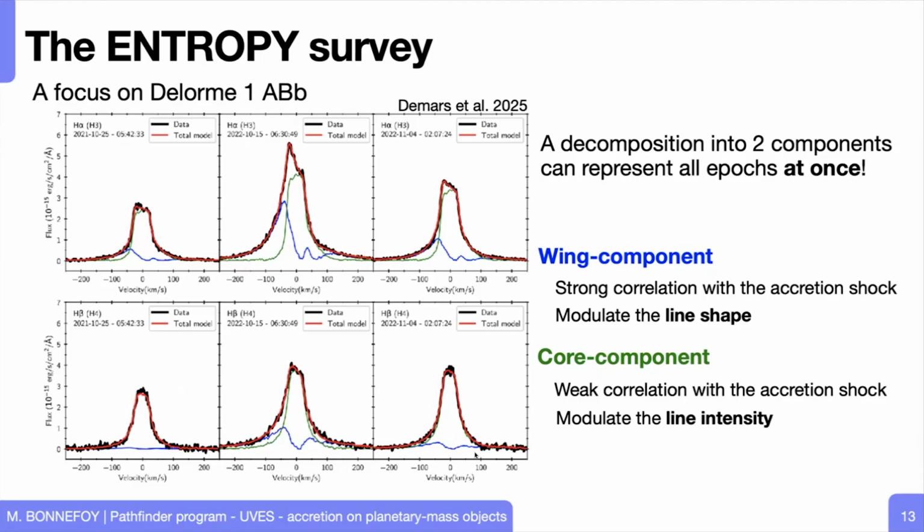Yeah, this is what we did actually. We contacted Carlo Manara from ESO, and he has a slab model. So we fitted the slab at different epochs and compared it to the lines. This was very interesting actually. We find a very tight correlation between the flux of the wing components and the UV excess. That's not so much the case for the core components, so that's arguing towards chromospheric activity in my sense.